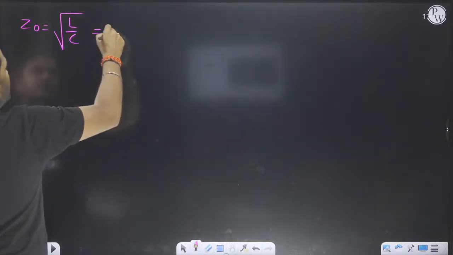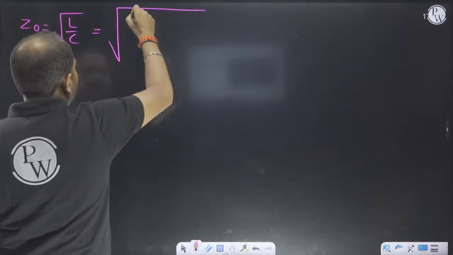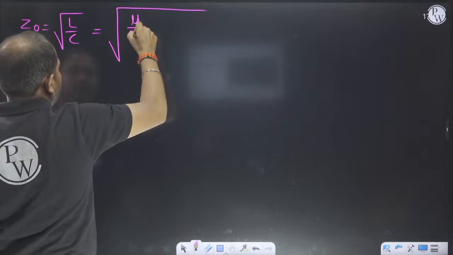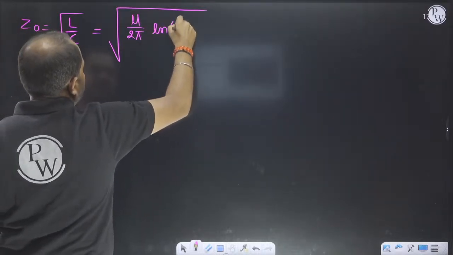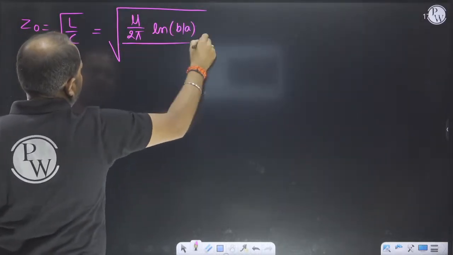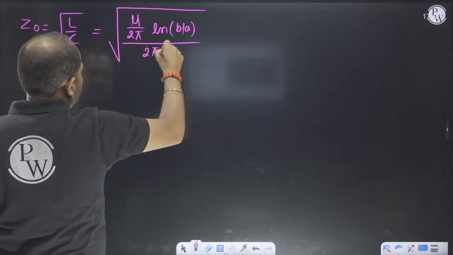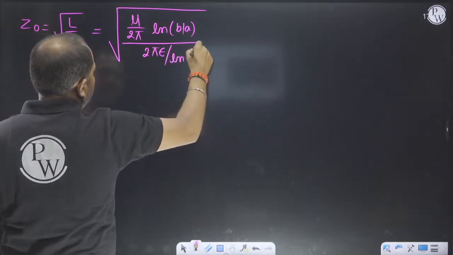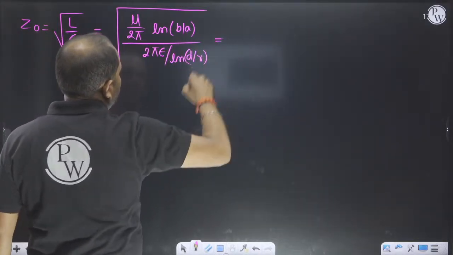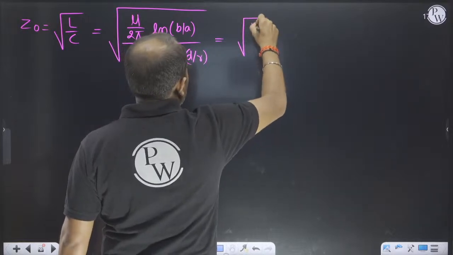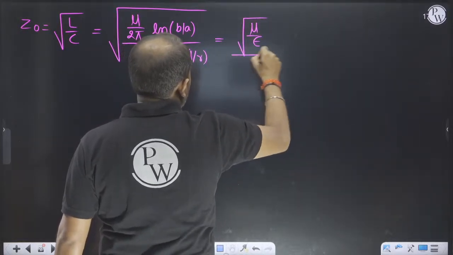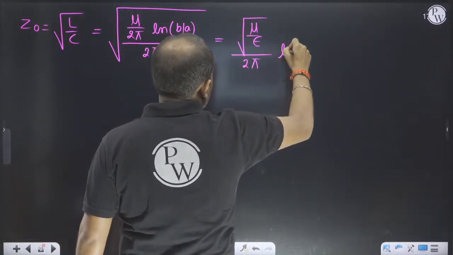Z0 is equal to under root L by C. I'll put the value of L, mu by 2 pi ln b by a, and C, 2 pi epsilon by ln b by a. So what we will do here, it will be root mu by epsilon divided by 2 pi ln b by a.